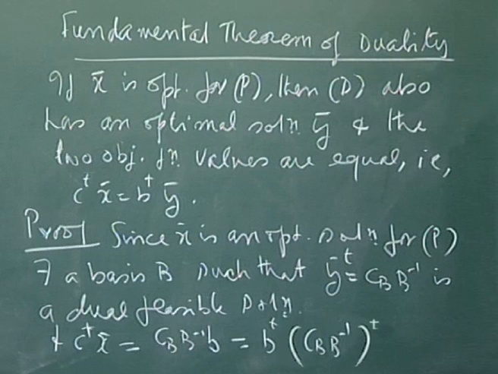Now, of course, one can also state the fundamental theorem in another way. I hope there is no confusion. Sometimes I may not write the transpose and so on, but it is all evident from the context.